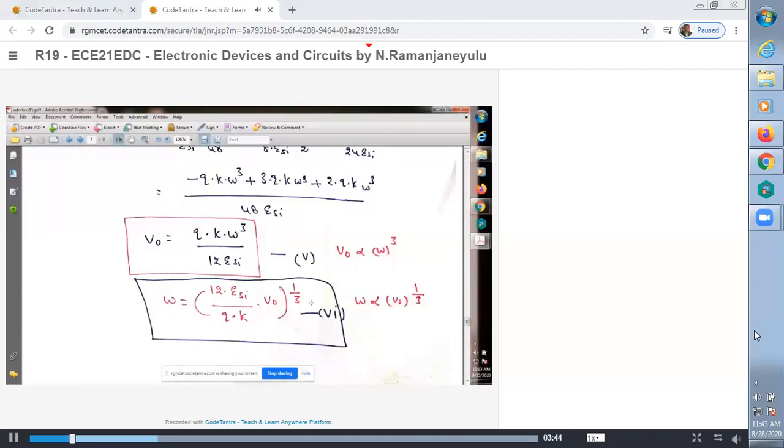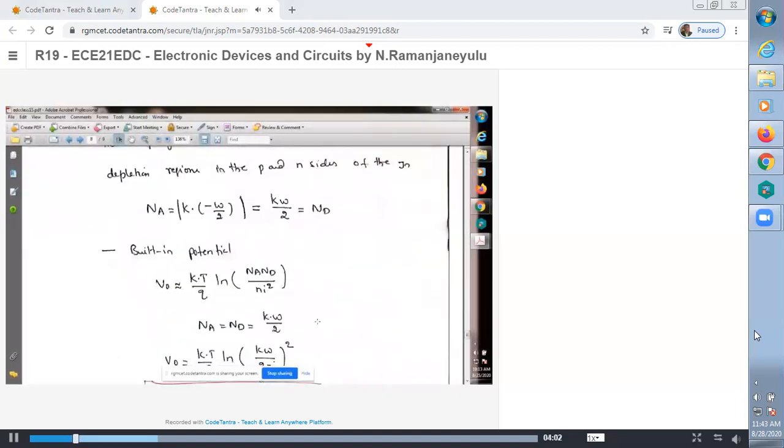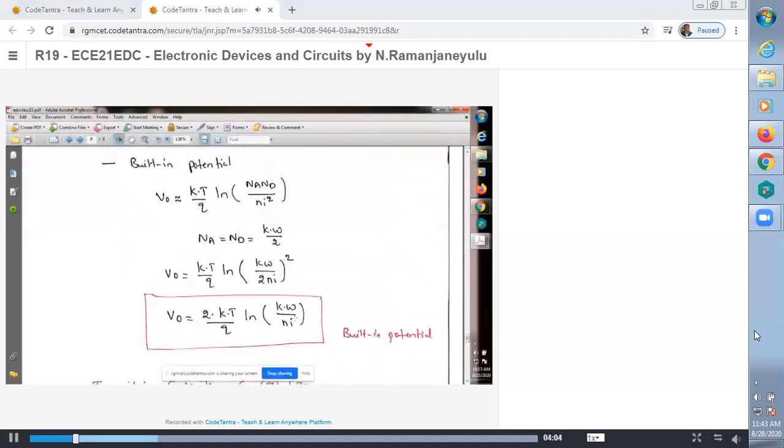Whereas in step graded or abrupt junction, W is directly proportional to under root V naught, now here W is directly proportional to cube root of V naught. And V naught in linear junction is 2 kT by Q into ln of K into W by Ni.